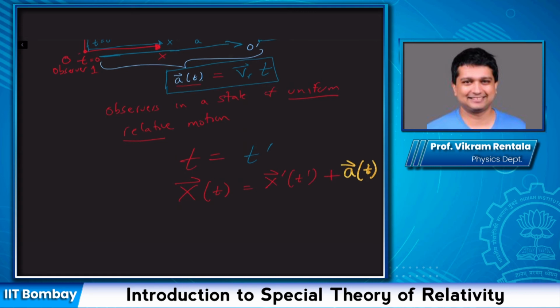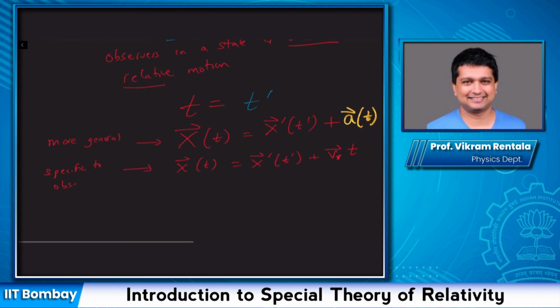Okay, and in particular we're taking the specific case where this is a constant vector times a time interval. So this is more general for arbitrary motion of these observers relative to each other, and this is specific to observers in uniform relative motion.